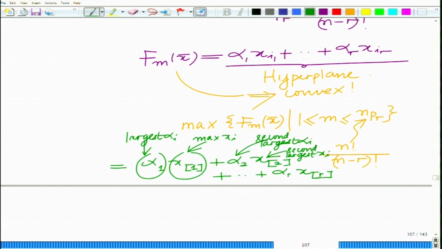Therefore, the maximum is nothing but alpha 1 x subscript [1] and so on, summation alpha r x subscript [r], and this is nothing but our f of x bar.